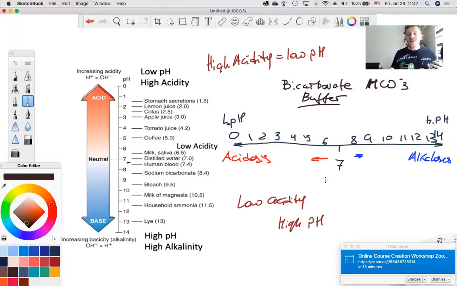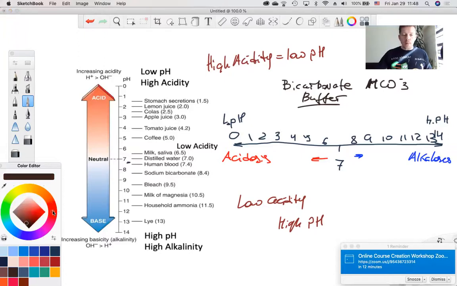We say it neutralizes acidity, but it also neutralizes alkalinity, right? So it needs to bring your environment in which that bicarbonate is present to neutral. When we're referring to tissues in your body, that's the neutral pH 7.